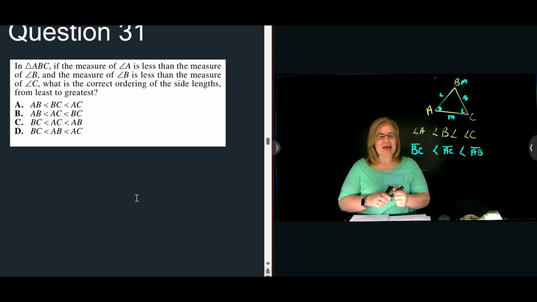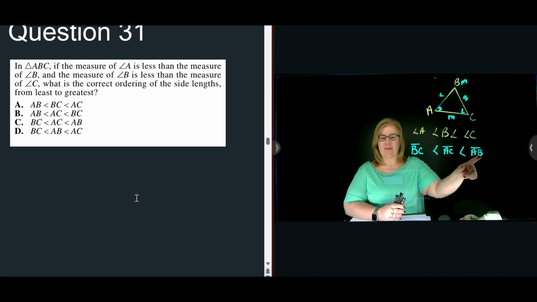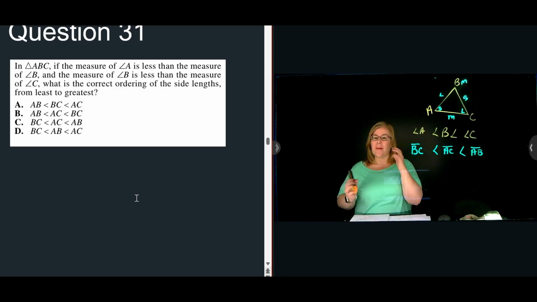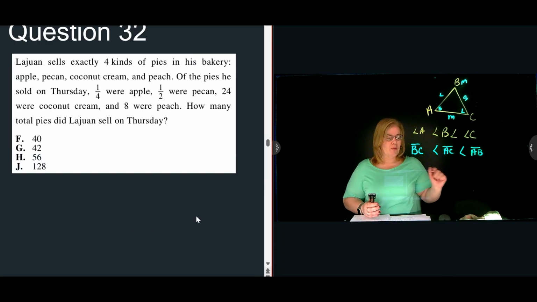So what could we say is our sides from least to greatest? BC, AC, AB. Our answer is going to be C. See how I did that? Opposite side from the angle is small to small, large to large, middle to middle. So there we go.